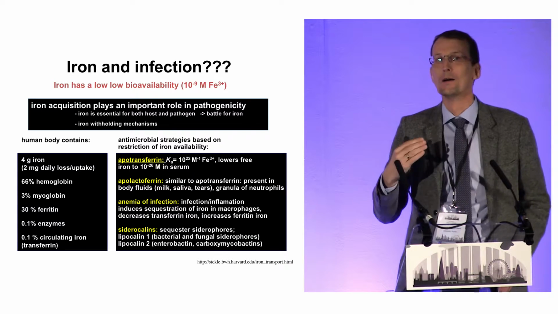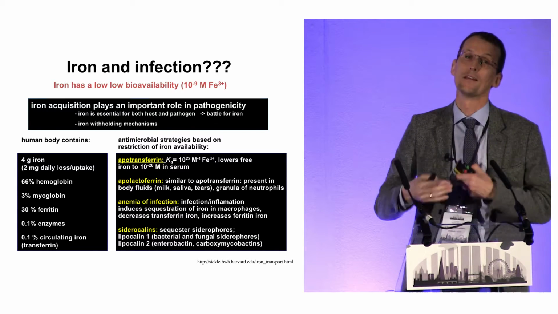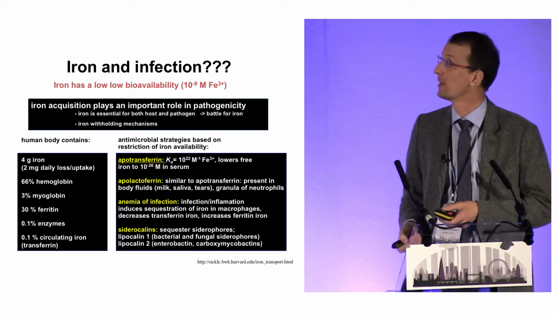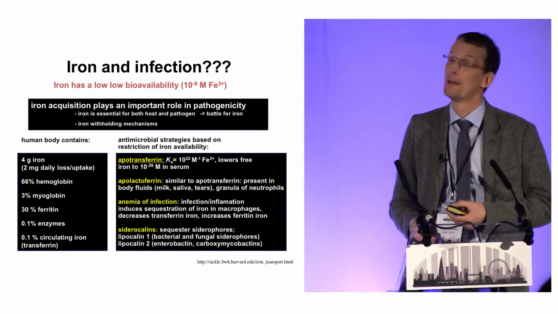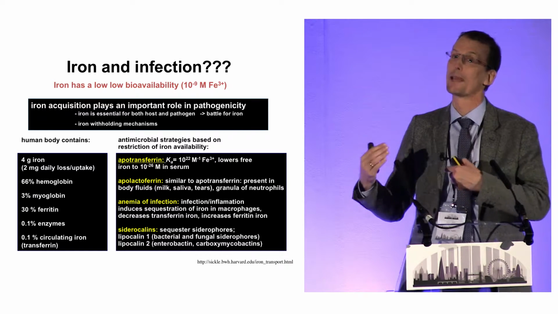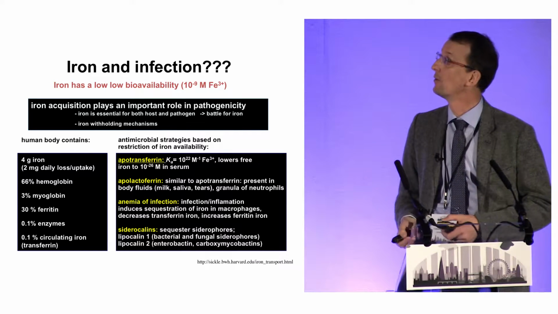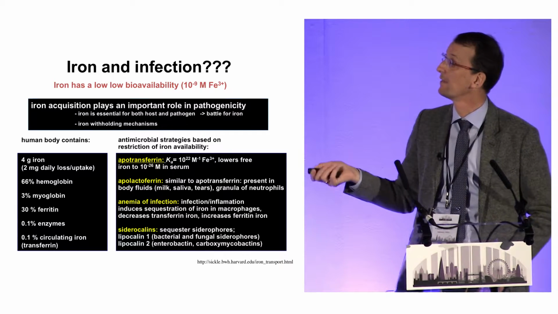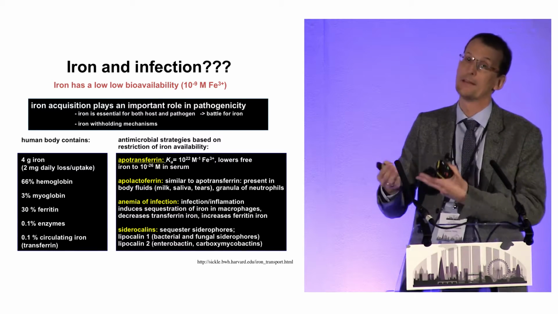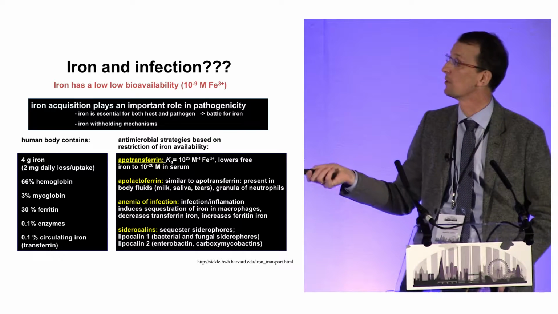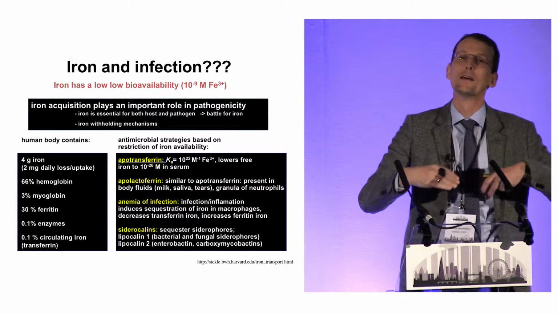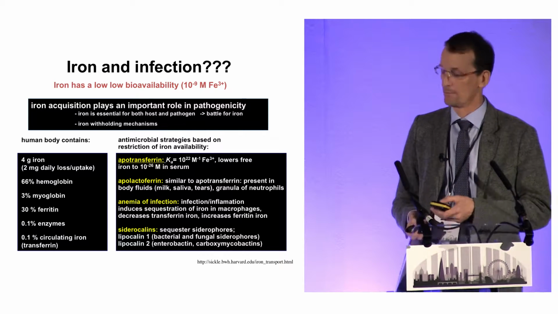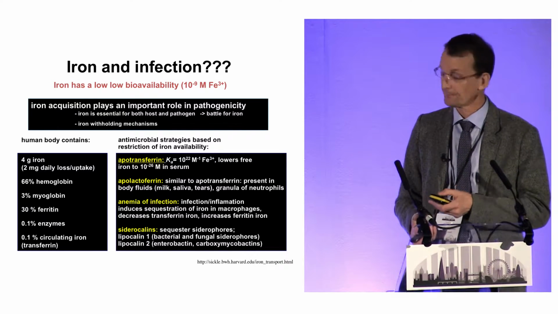There are people defining the infectious process also as a battle for the iron between the host and the pathogen. On the one hand, the host has developed mechanisms to withhold iron from the pathogen itself with a number of things like iron chelating molecules, but also siderocalins that bind siderophores that are emitted from bacteria or fungi.